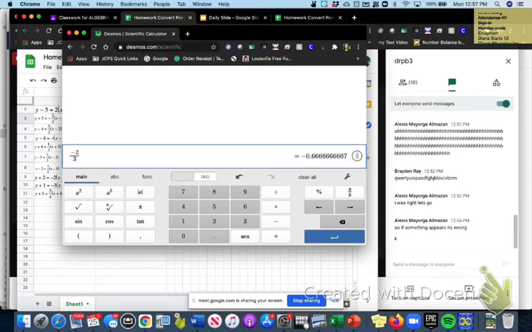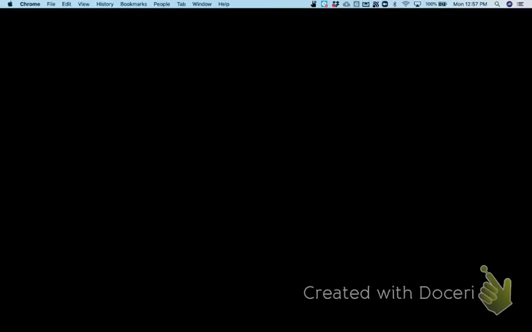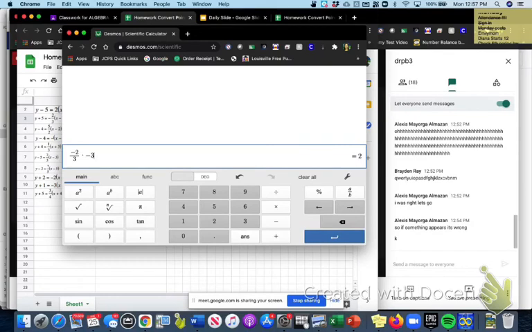Notice how the little blinking part is still stuck in the fraction. Make sure you hit the arrow to get it out so that it's over to the side, and then hit times, the multiplication button, and then negative 3. And then voila, the answer appears right there. So use the fraction button on the calculator that I'm giving you.